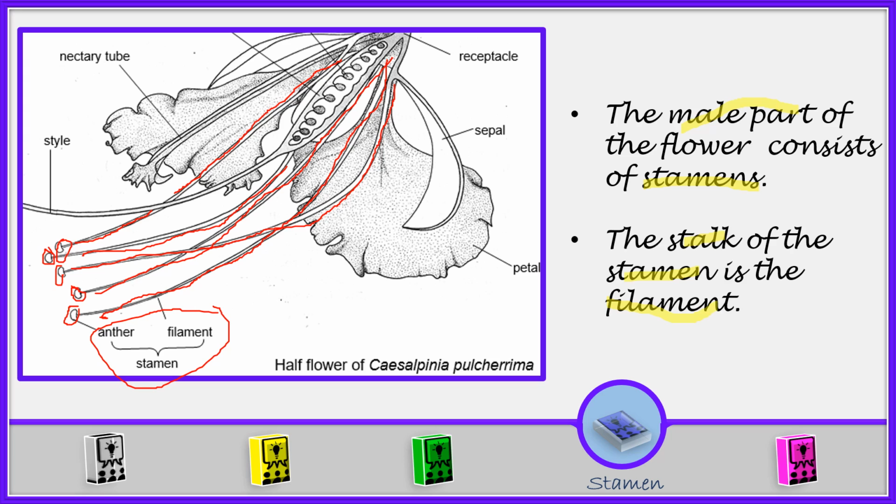The stalk is that part which is holding the anther on top. That tube moving from down going upwards is what we are referring to as the filament.